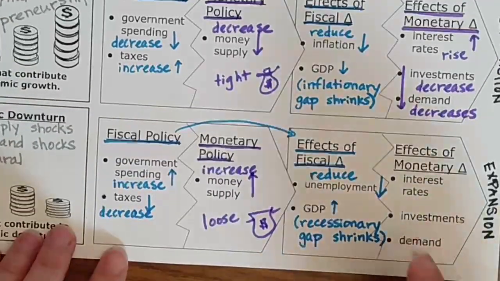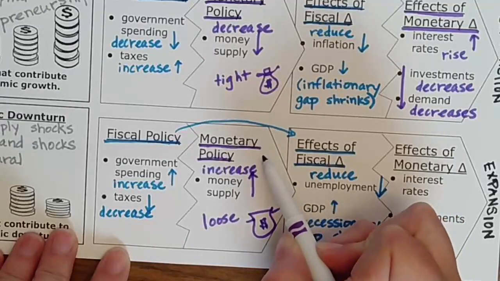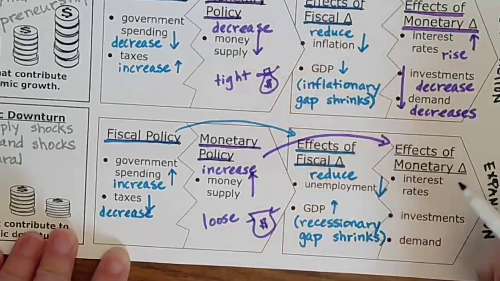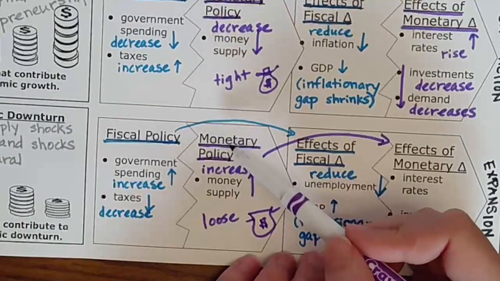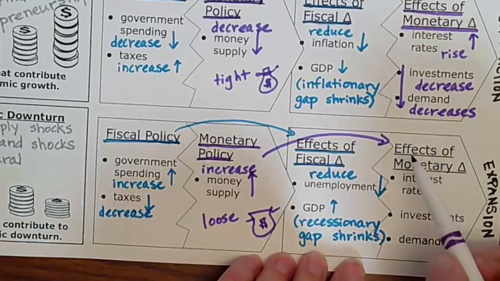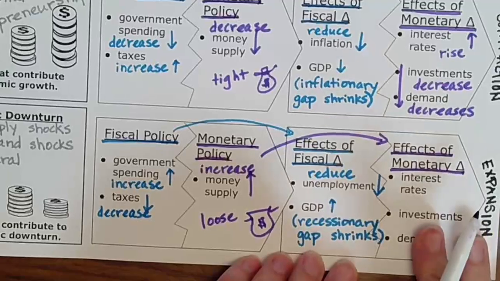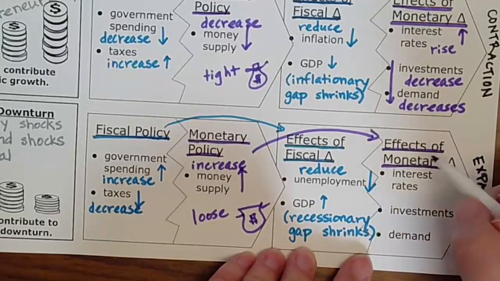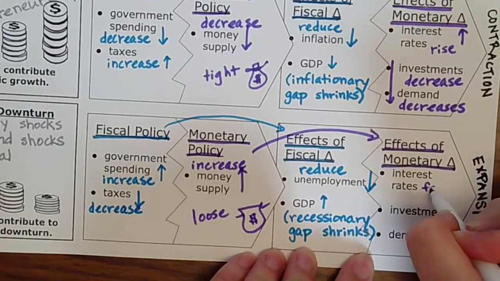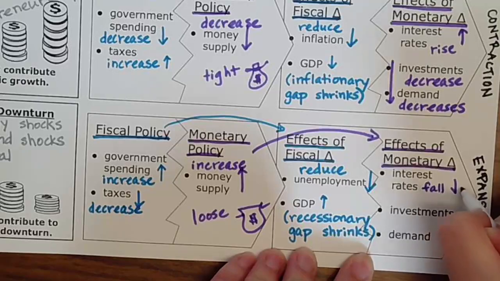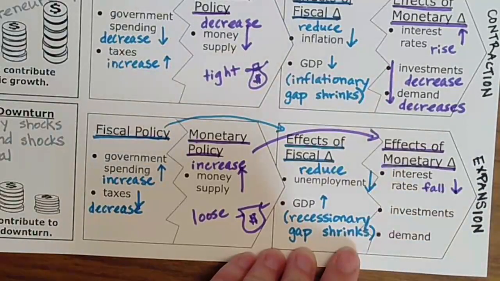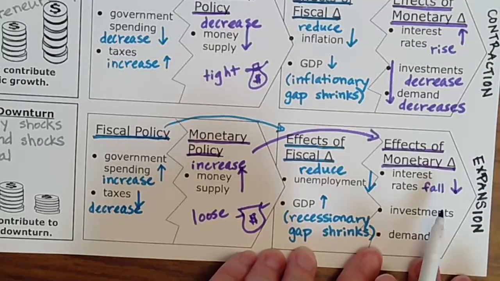Okay, so that's going to lead again to a change over here. Here's the cause, and here's the effects that we're hoping for. So the effects of that monetary change from the Fed is that interest rates actually fall. They go down, and that's great because now we can buy something and not have to pay back as much money.